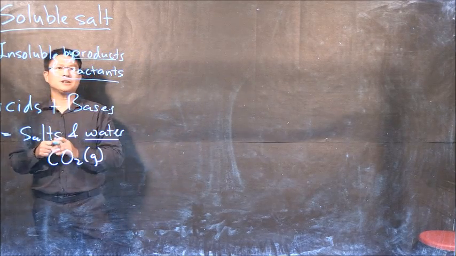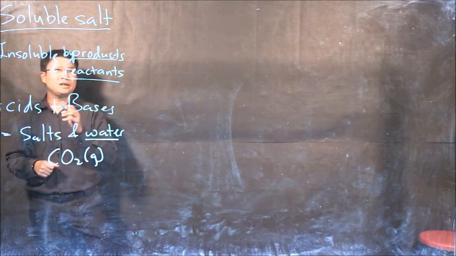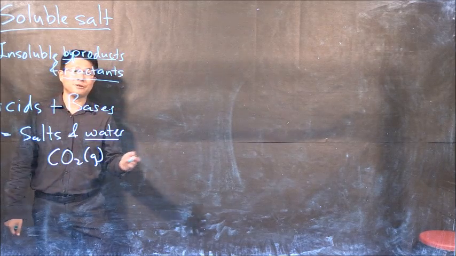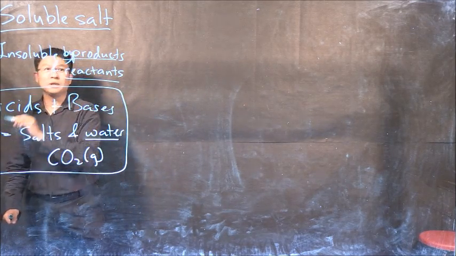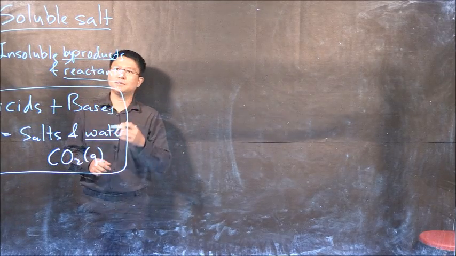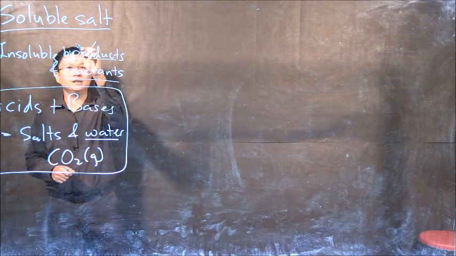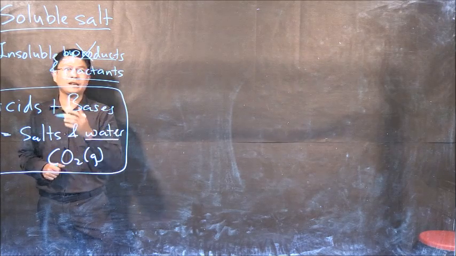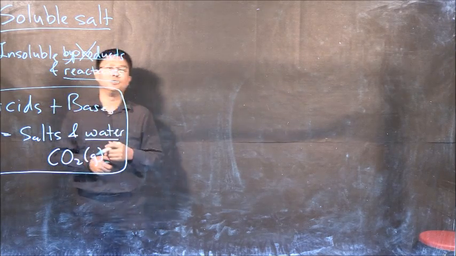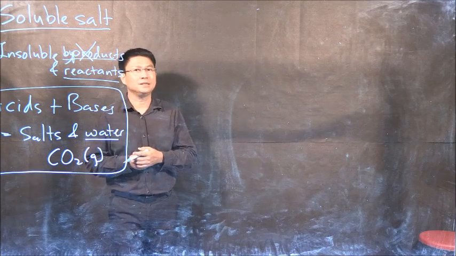So, for the preparation of soluble salts, we would like to use acid-base type reactions because this helps us get rid of all the byproducts, as water and carbon dioxide can easily be removed from the salt that we need.